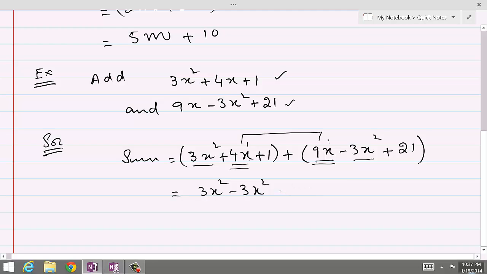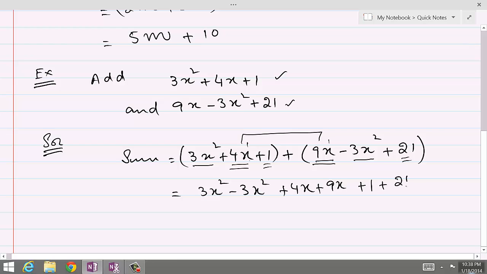We group them together, 4x plus 9x, and what is left behind is plus 1, the constant term here, and the constant term here. Both are constant terms, so they are like terms.